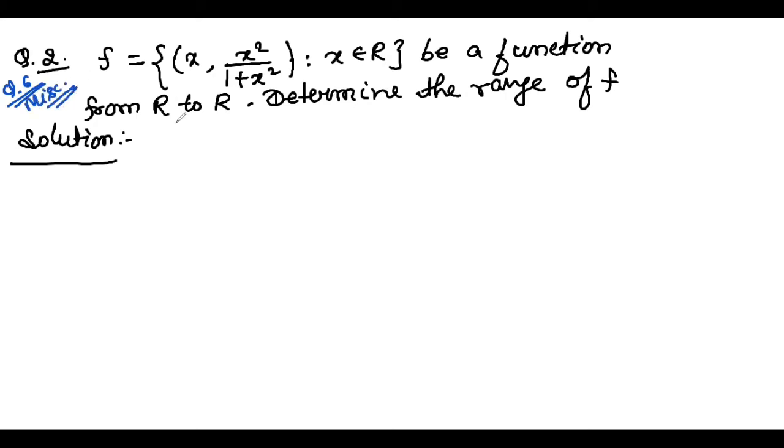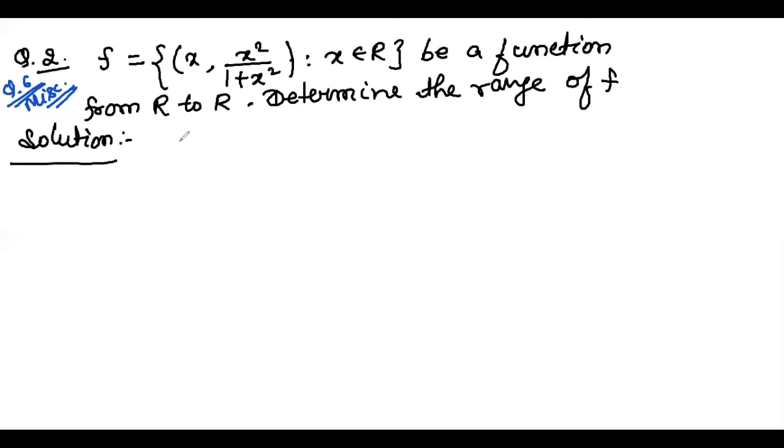First of all, I'm going to find the domain value. Domain means all values of x so that f(x) will be real. So f(x) is defined for all x belongs to R as x square plus 1 is not equal to 0.